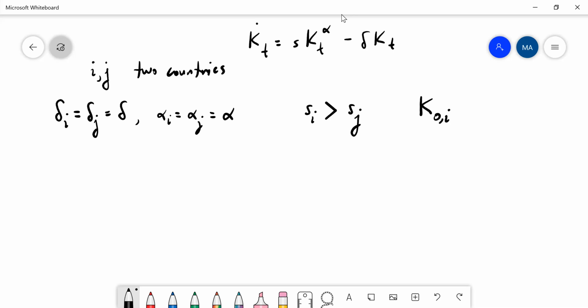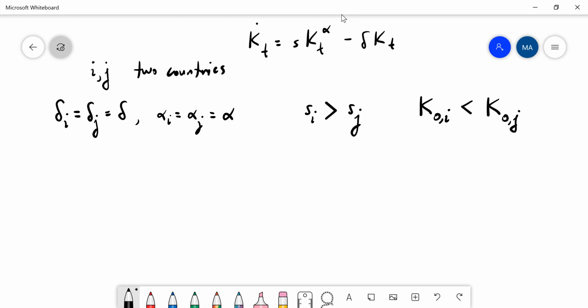And also, to make this interesting, we can suppose that initially country J is relatively more capital abundant. Okay, so initially they have more machines, but their saving rate is lower.